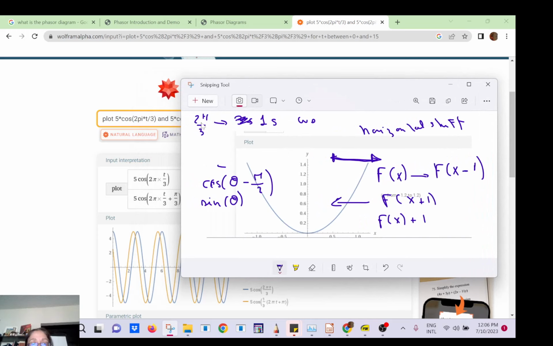So if you want to know what's going to happen, pi over 3 is going to be 0.5 seconds. So it has been shifted from here to there by 0.5, because 2.5, 3, 3.5, I mean, it's hard to see here, 4, 4.5, 5, 5.5, 6. So it shifted by about 0.5.